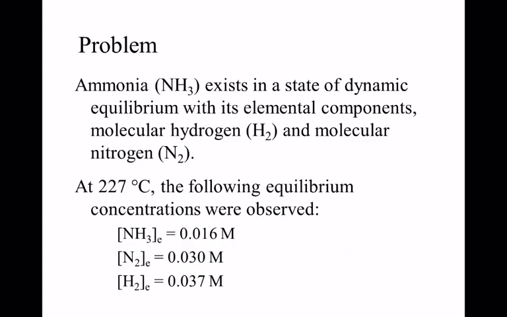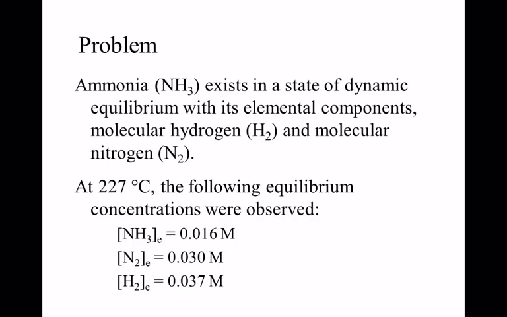All right, let's see what we got now. One of the things we haven't done yet, and we're going to do a lot of it in this unit, is plug into an equilibrium constant expression. So we're going to do that in this example. This is like, I think, the Haber process, where ammonia is formed from nitrogen and hydrogen, and it's a chemical equilibrium.